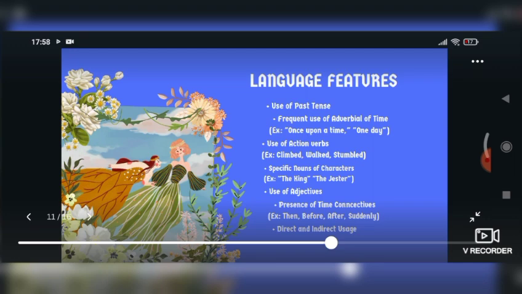Okay, jump to the next, the use of action verbs like climb, walk, and stumble. As I said before, use past tense like climb, eat, walk, and stuff. Then there are specific nouns of characters, for example the king and the jester. And also the use of adjectives. Adjectives mean you praise the characters by their uniqueness.